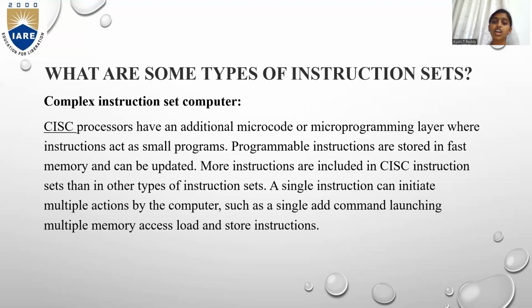Programmable instructions are stored in fast memory and can be updated. More instructions are included in complex instruction sets than in other types of instruction sets. A single instruction can initiate multiple actions by the computer, such as a single add command launching multiple memory accesses, such as load and store instructions, is one example.